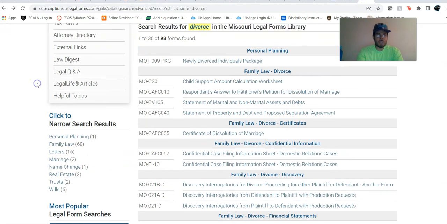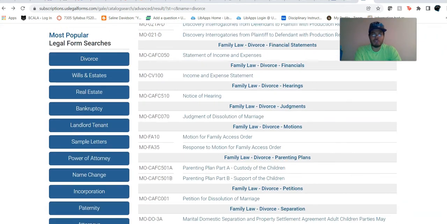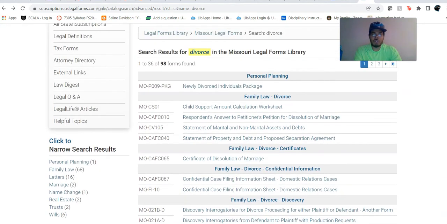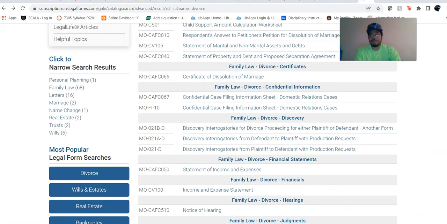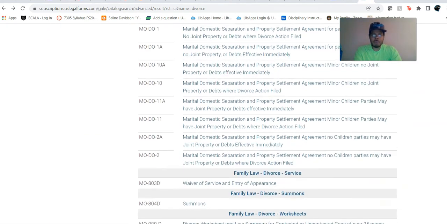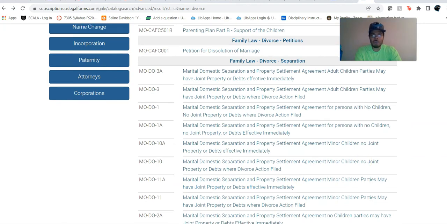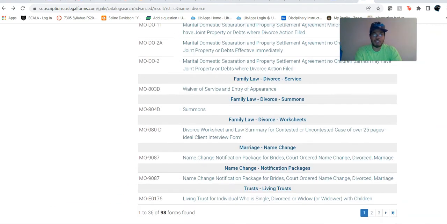But once you get into one of the categories, you have all these various subcategories that you can get into. So things related to motions for hearings, judgments. You have some things related to name change here, some things related to custody. All of these sorts of things will fall under divorce and separation.